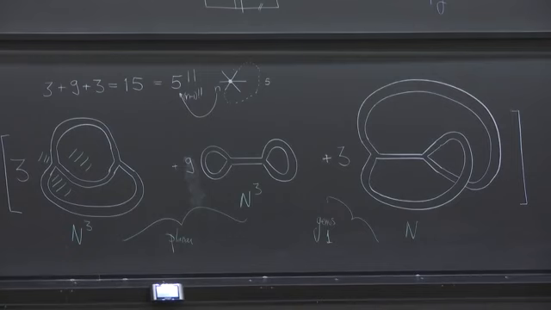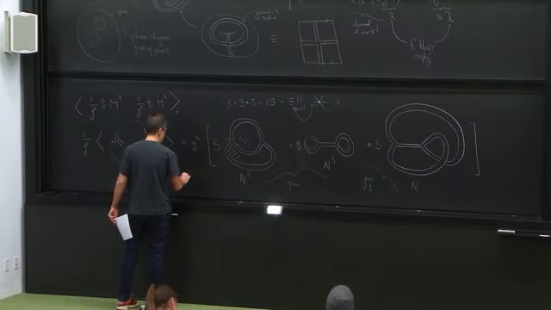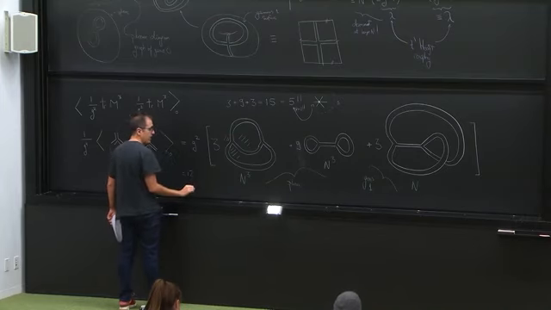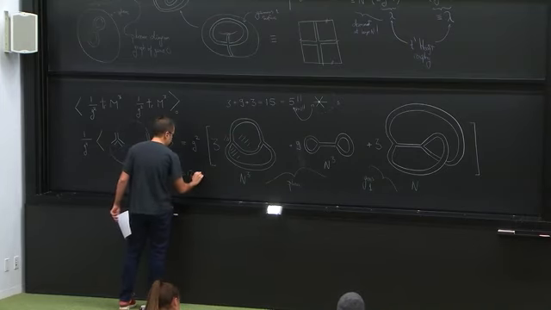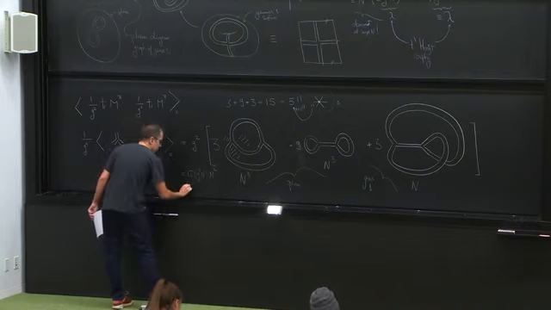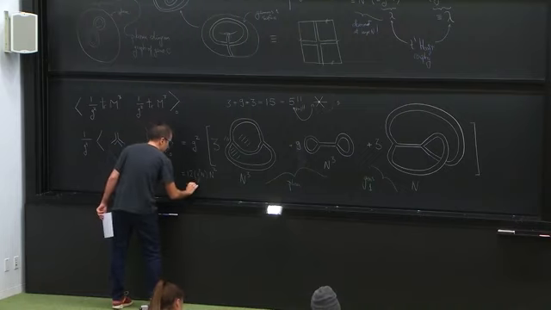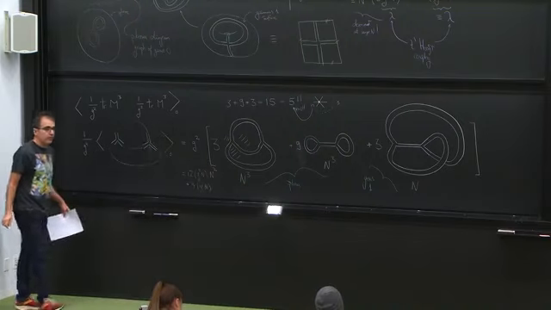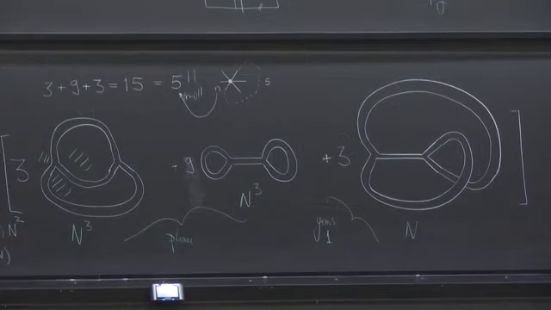And what we get in total, just to work it out, if I write, there are these diagrams, 9 plus 3 is 12. Let me write this 12 times g squared n times n cubed times n squared, plus 3 times g squared n as before. So 12 lambda n squared plus 3 lambda.